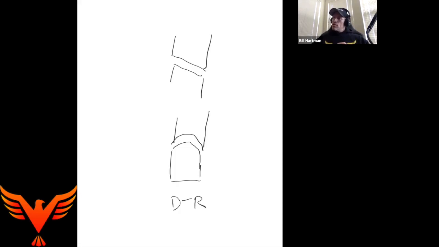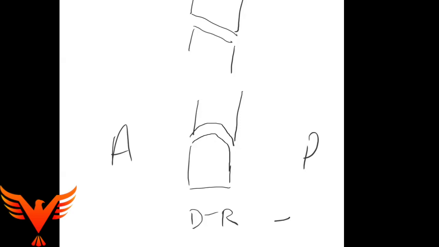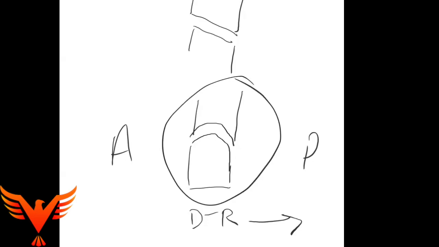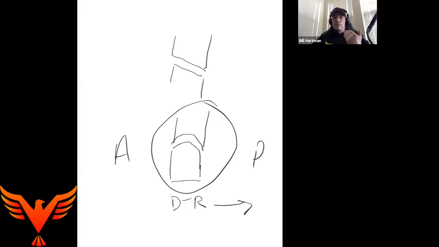If this is posterior and this is anterior, dorsal rostral has to expand in that direction for this part of the cervical spine to turn. So if I'm turning to the left, dorsal rostral needs to expand to get the left lower cervical spine to turn to the left, and vice versa. If you don't get dorsal rostral expansion, don't expect the lower cervical spine to be able to turn.